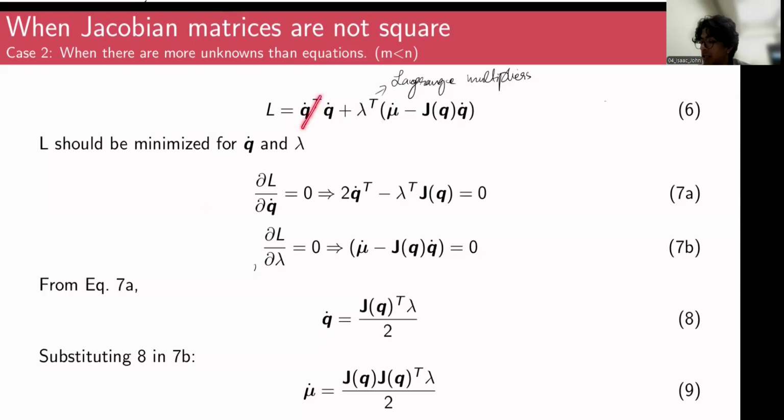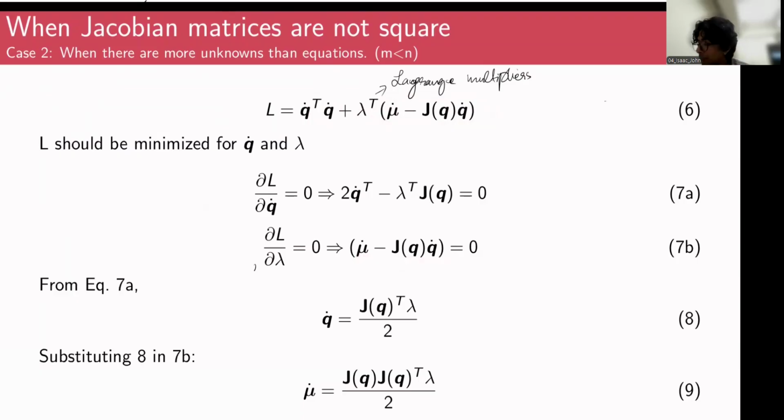The first term would turn out to be 0 because there is no term that involves lambda. And for the second term, the coefficient of lambda is this term, so if you take the partial derivative with respect to lambda, you will only end up with this term. That's what we have written over here.